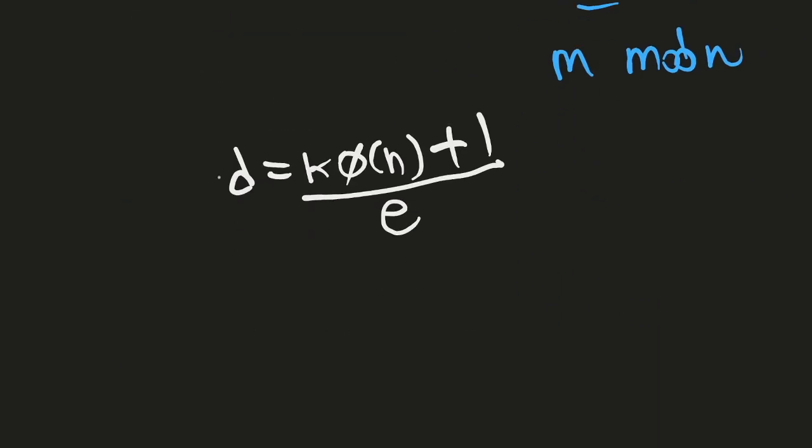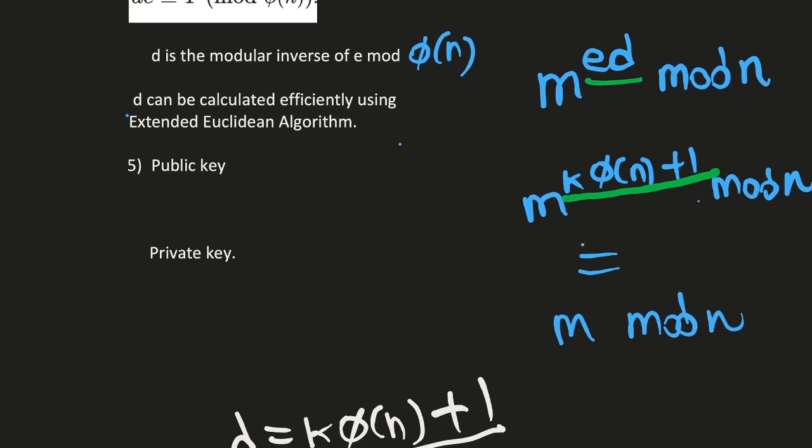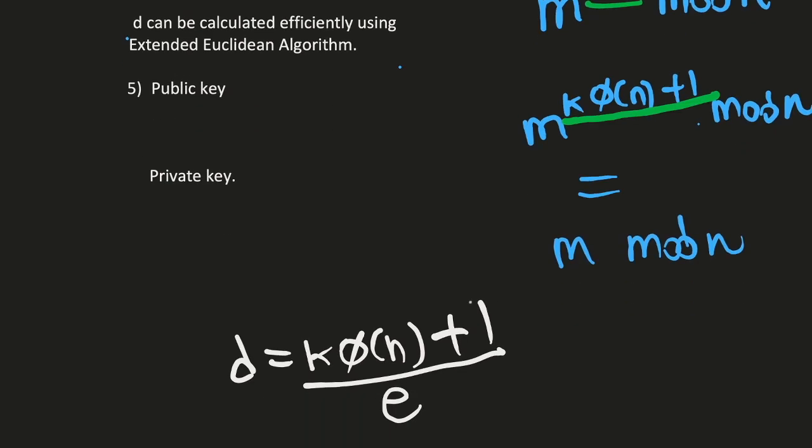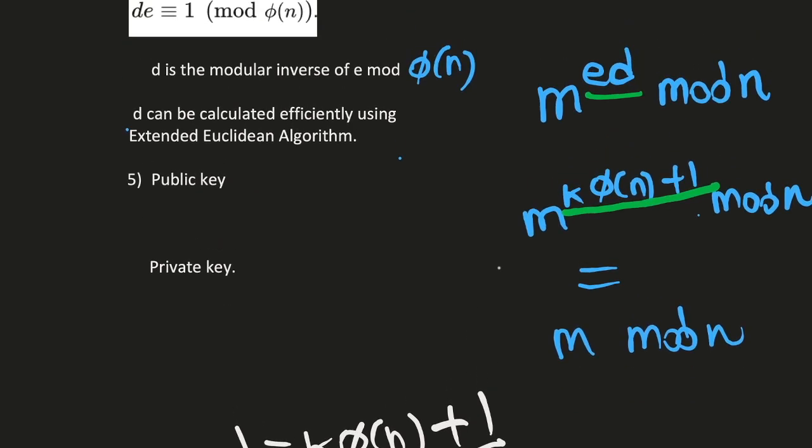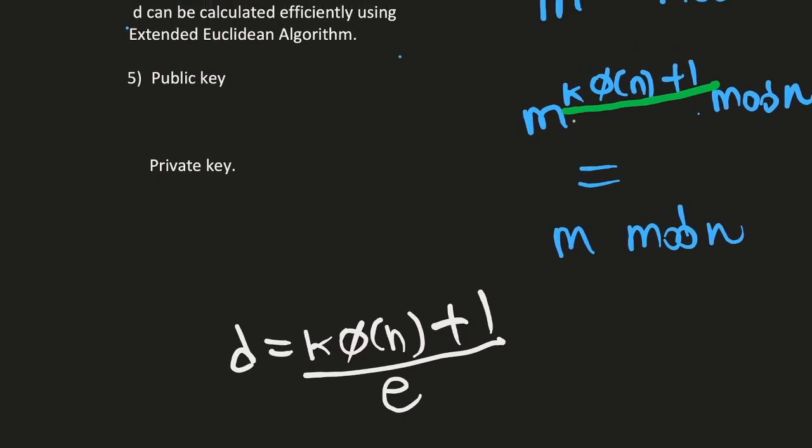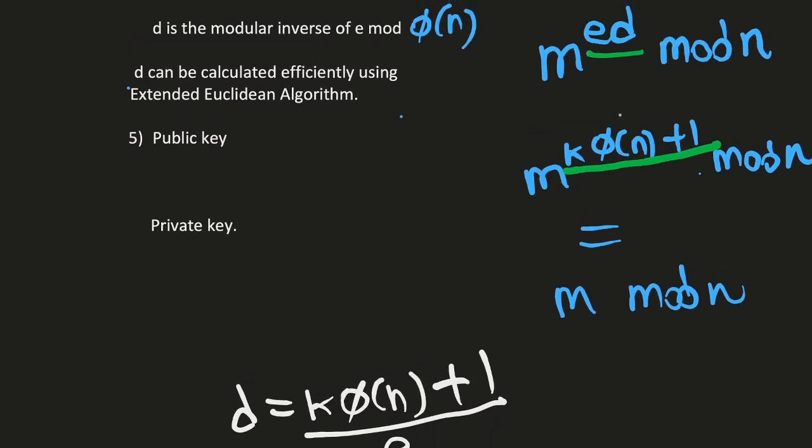Without that, we won't be able to compute d. And since D remains a secret, this is our trapdoor. Only if we know D can we actually go from C to M.